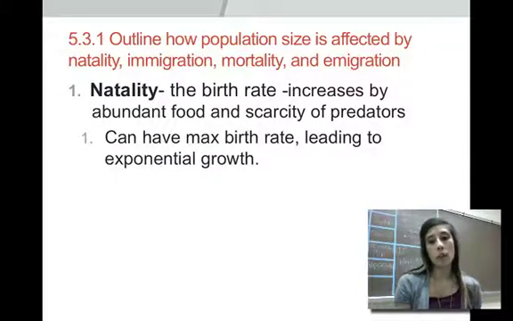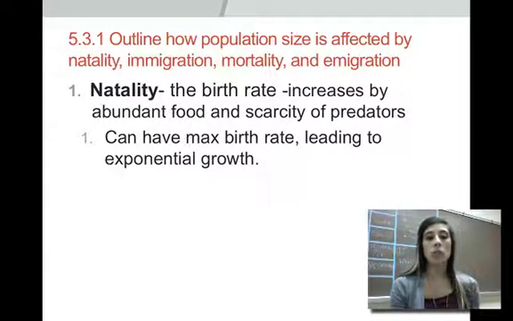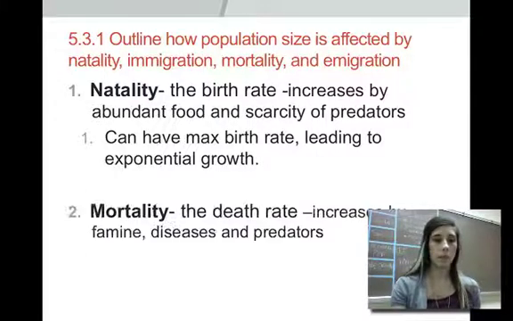And so we can actually have a max birth rate that will lead to exponential growth, which we'll see later when we look at a graphical representation of population size. But simply put, how many are born, what's the rate of births for that species per given amount of time, and this will increase due to the amount of food and how scarce our predators are.